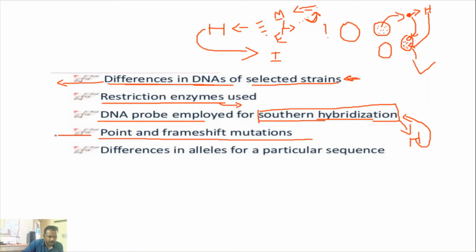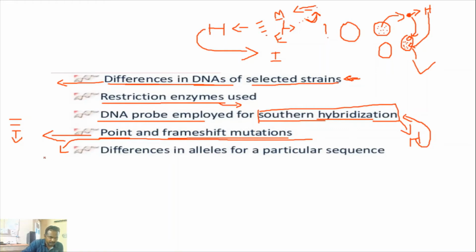And also we can find out the mutations. This is an important behavior. We find out what type of mutation, and how the mutagens cause the phenotype, and those properties are studied by the RFLP, explicitly point mutation and frame shift mutation. You know point mutations very well, but I am telling something.